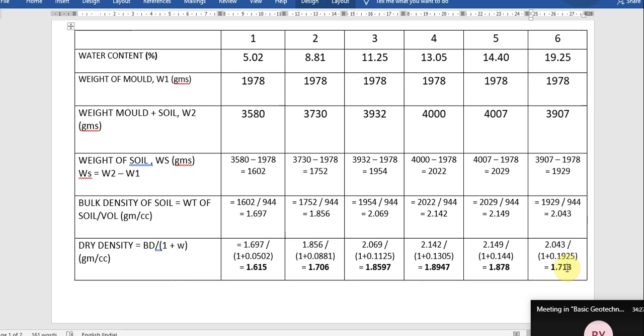So we have to draw the compaction curve. The compaction curve is drawn between dry density and water content. So I have the water content for each trial and I have calculated the dry density for each trial. Now I have to draw the graph. I'll at least explain how to draw the graph.